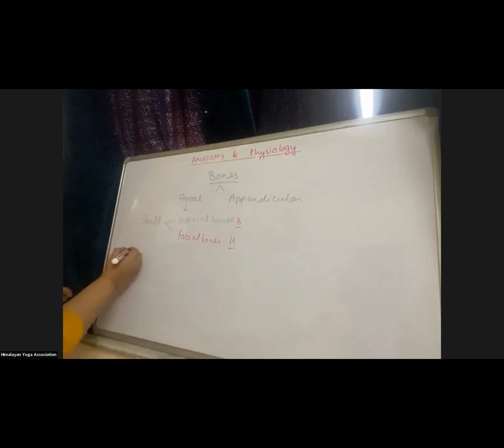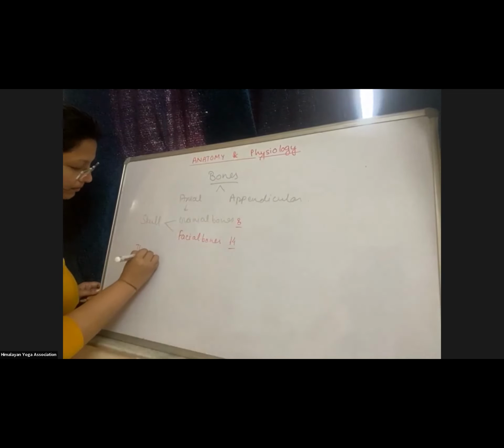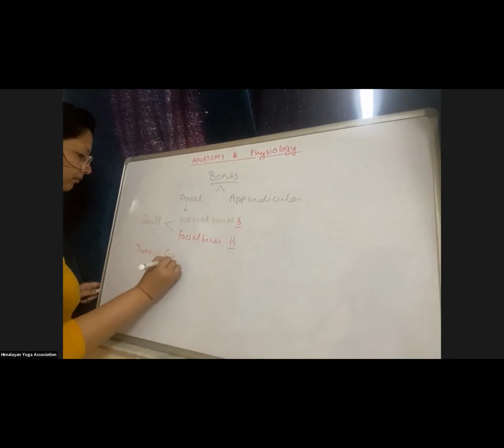Okay, then we have the thoracic cage and the vertebral column.